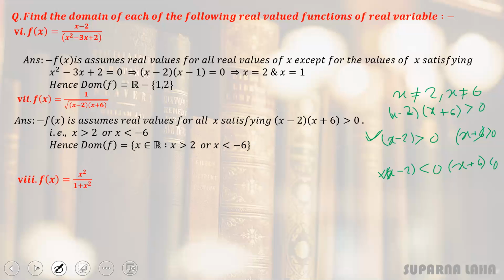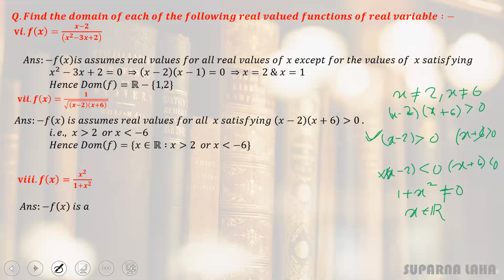Moving to the next problem, x²/(1 + x²). Now look at this denominator, 1 + x². It will always be non-zero for x belonging to R. For any real number, the denominator is non-zero.